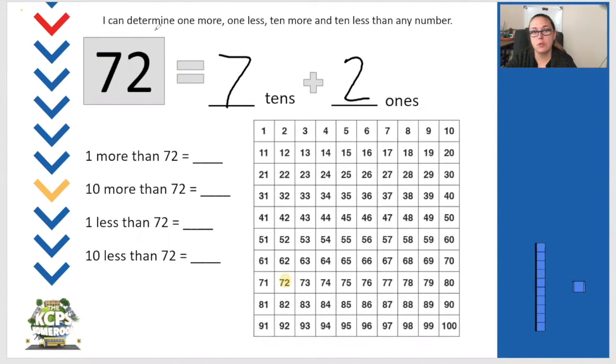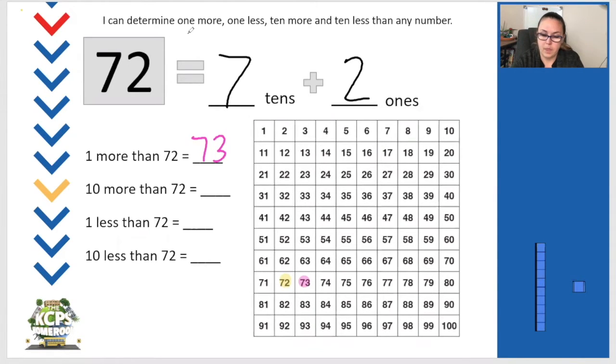Should I move to the right? Should I move to the left? Should I move up, or should I move down? Which direction will give us 1 more than 72? That's right, we know that 1 more than 72 is 73. And I can find that on my hundreds chart by moving 1 spot to the right.